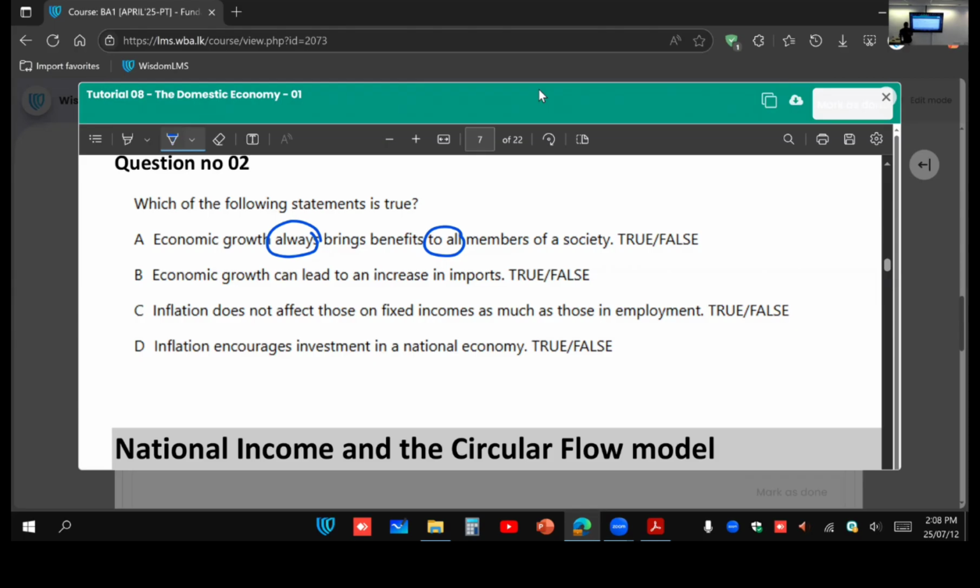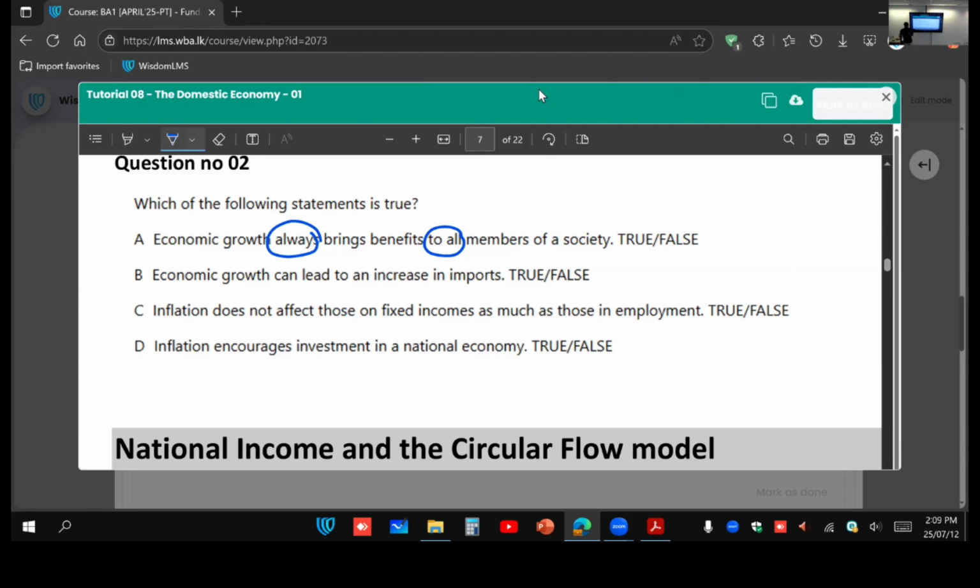Imagine a person living on the interest earned through a fixed deposit, a senior, retired person who has put his earnings in a fixed deposit and lives on the interest income.